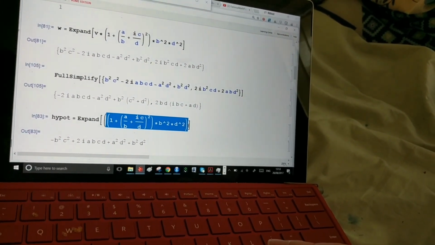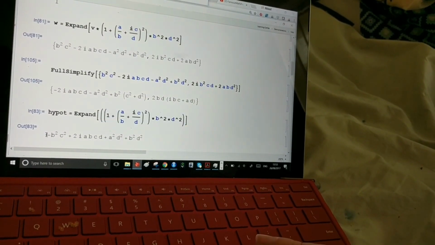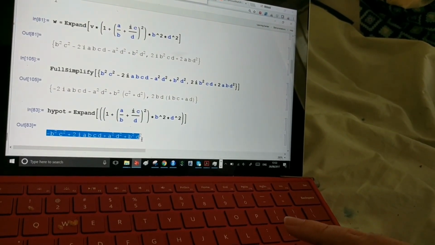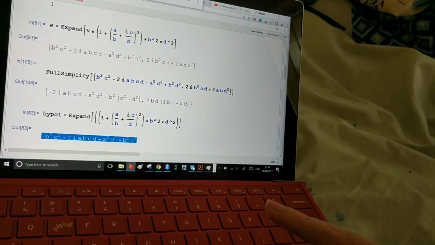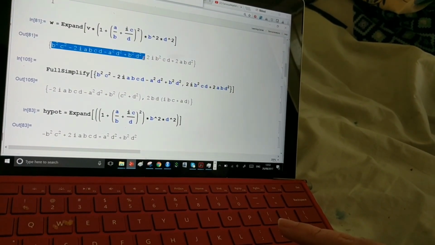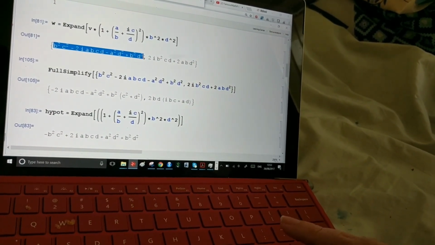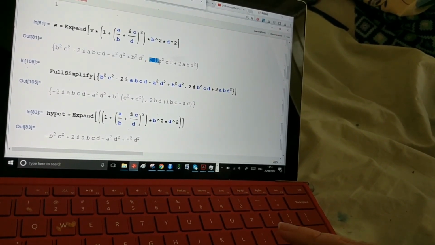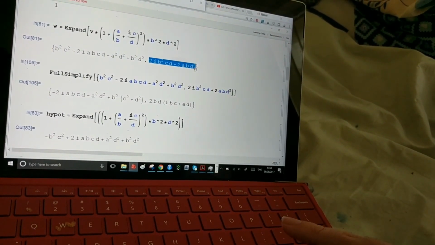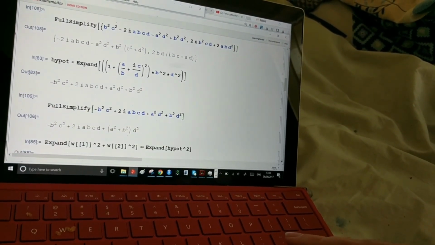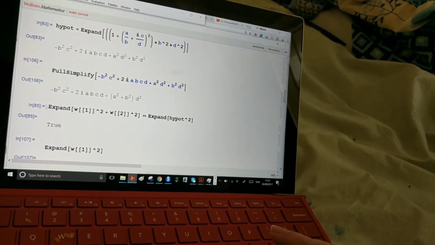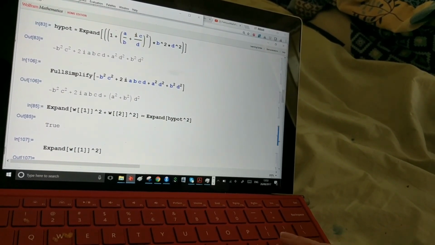It turns out if we treat that as a hypotenuse, so that'd be this form here, then this hypotenuse squared is equal to w1 squared plus w2 squared. So I just checked that calculation here.